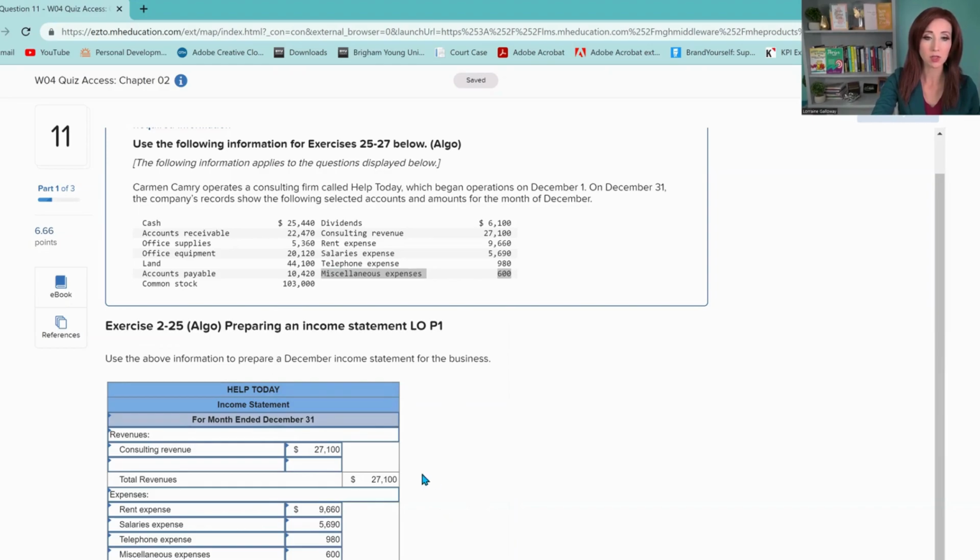And in this case, $27,100 minus $16,930 gives us a positive number. So I know this is a net income. However, if this was a negative number, I know that this should be a net loss. So that's number 11 for us, and we will go on with the presentation.